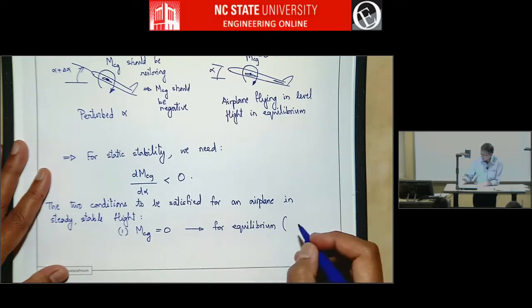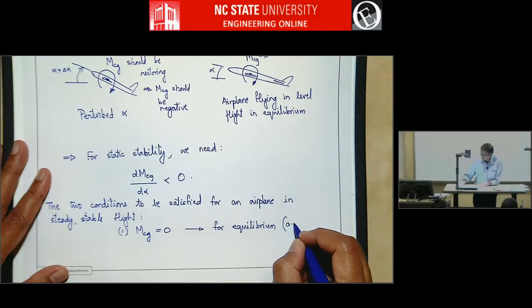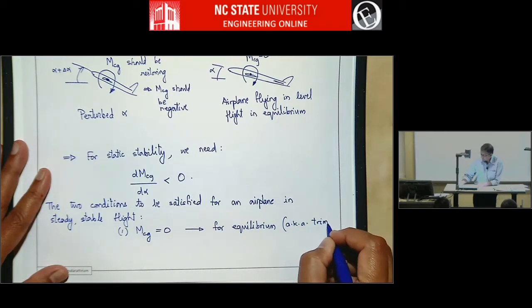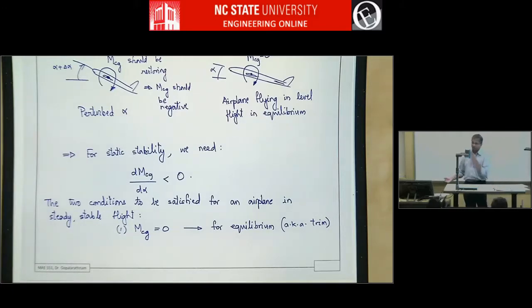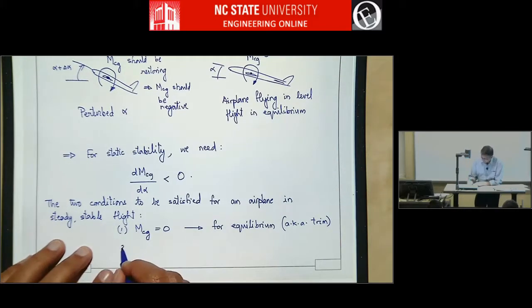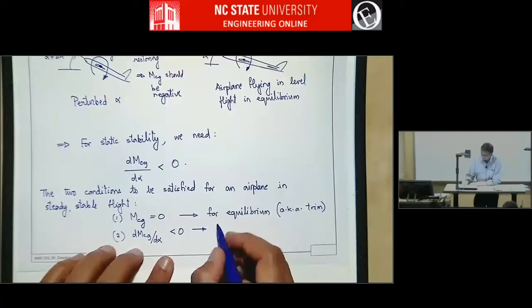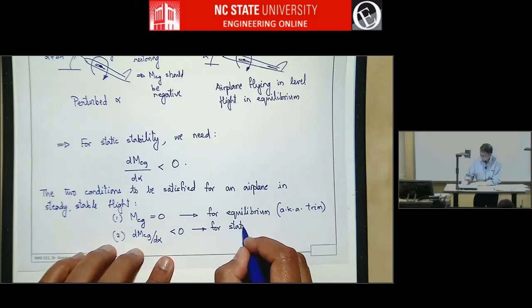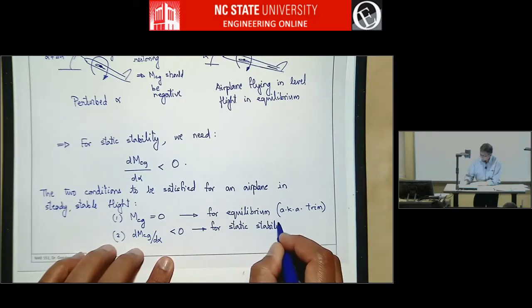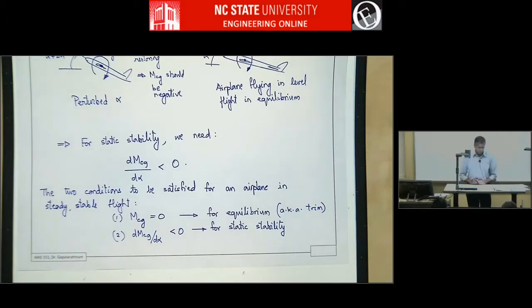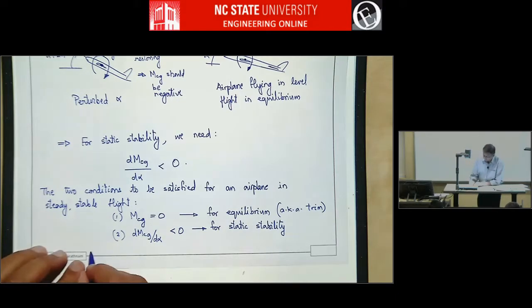In stability and control terminology, it's also called trim. The airplane is said to be flying in trim, which means equilibrium. It's just another word for it. The second one is dMCG over d alpha should be less than 0, and this is for static stability. Okay, so these are the two conditions, and this is for any airplane, not just for a flying wing.